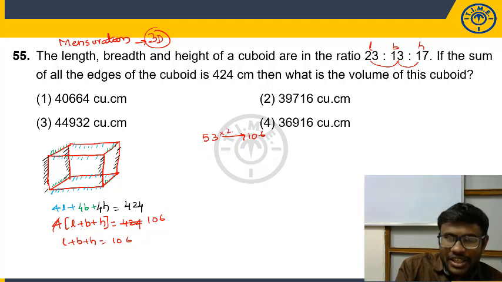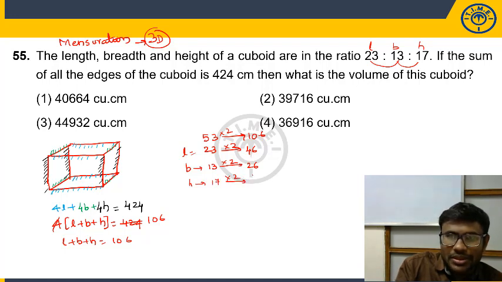So obviously each part is 2. Length is 23 parts, that is into 2, 46. Breadth is 13 parts, that is into 2, 26. And height is 17 parts, that is into 2, 34.